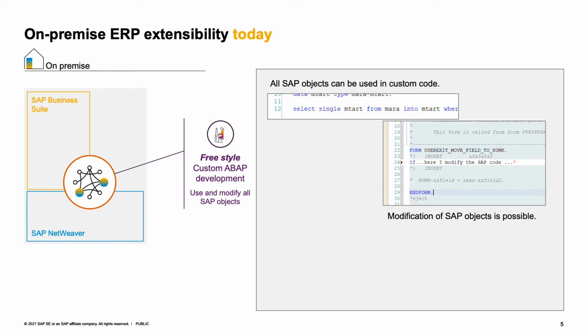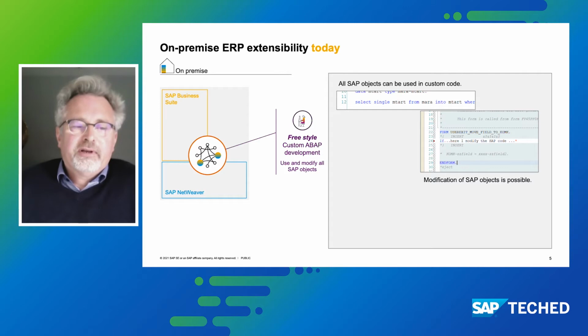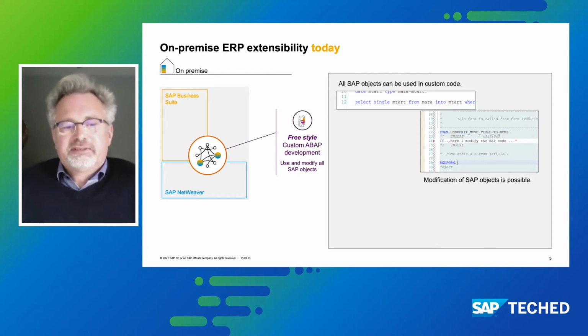Coming back to extensibility. This is just an overview of how ERP extensibility is done today. You have your SAP Business Suite system, which is running on top of the SAP NetWeaver, and you open your SE80 or your ABAP development tools, and you do freestyle custom ABAP coding.